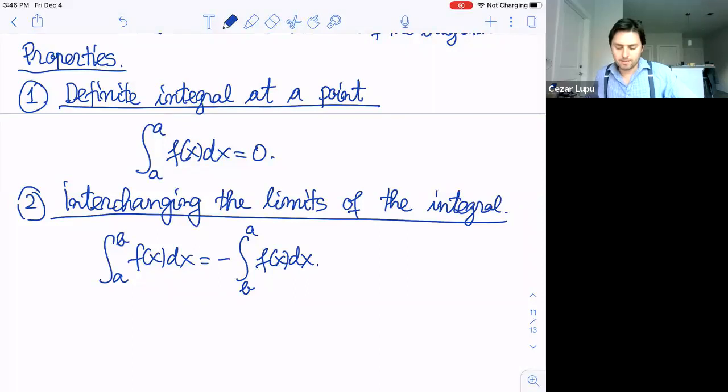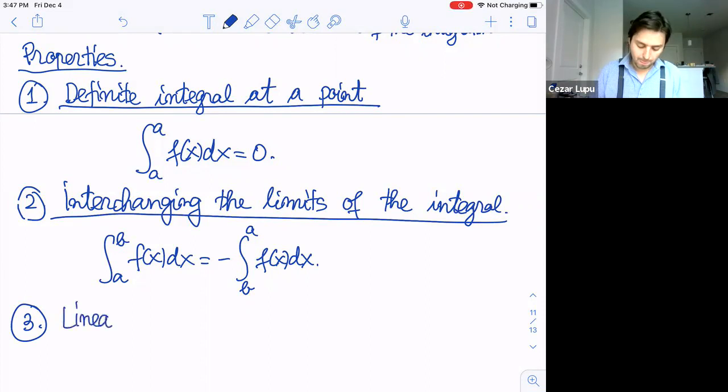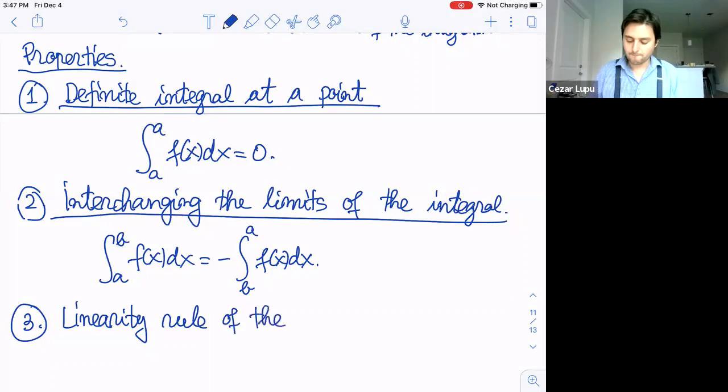The third one is the linearity rule of the integral, which basically says the following.